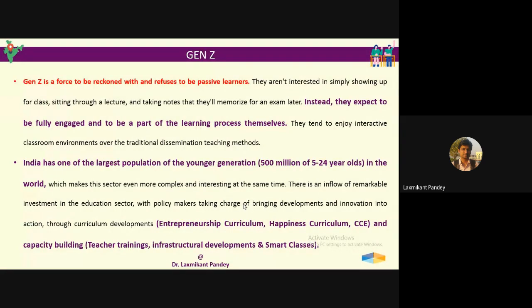Nowadays, students want to be part of the whole learning process. So what types of methods can we use, because of which we are able to make the learners part of that learning process? That is a very important thing.